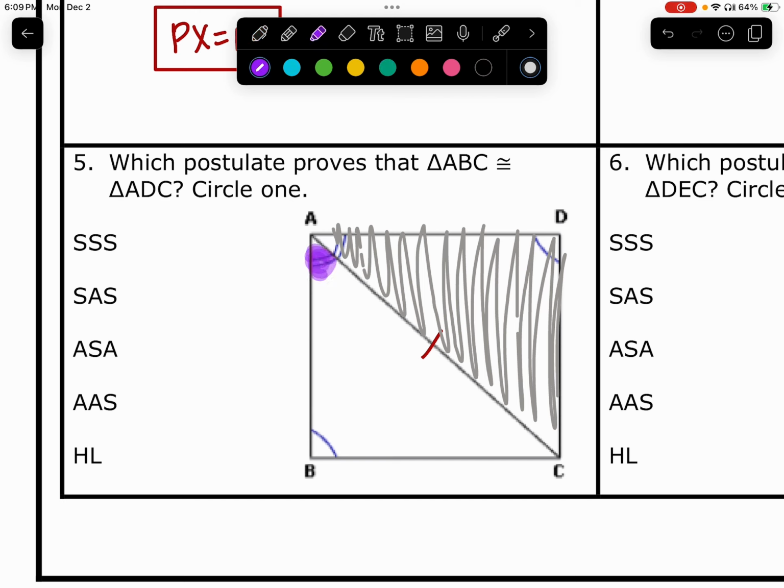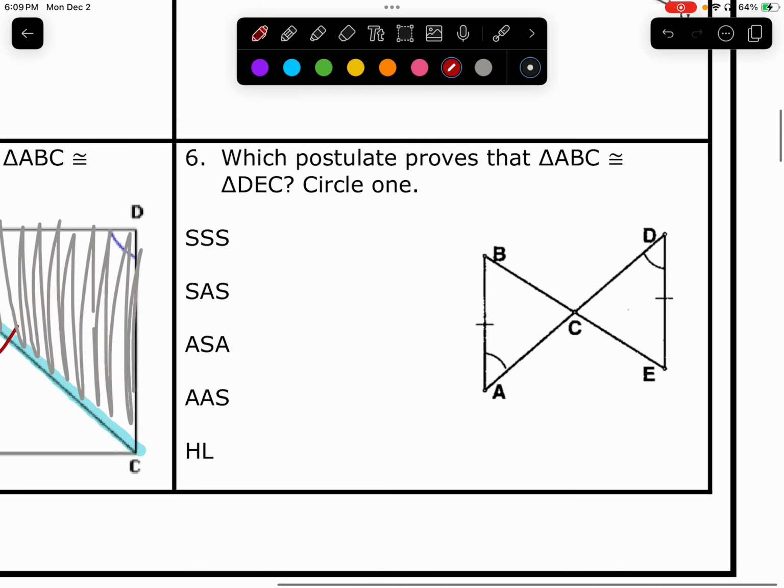We've got an angle here, and then we've got a side right here. That side is not between the angles like that is. So this is going to be angle, angle, side. Go ahead and try number six.